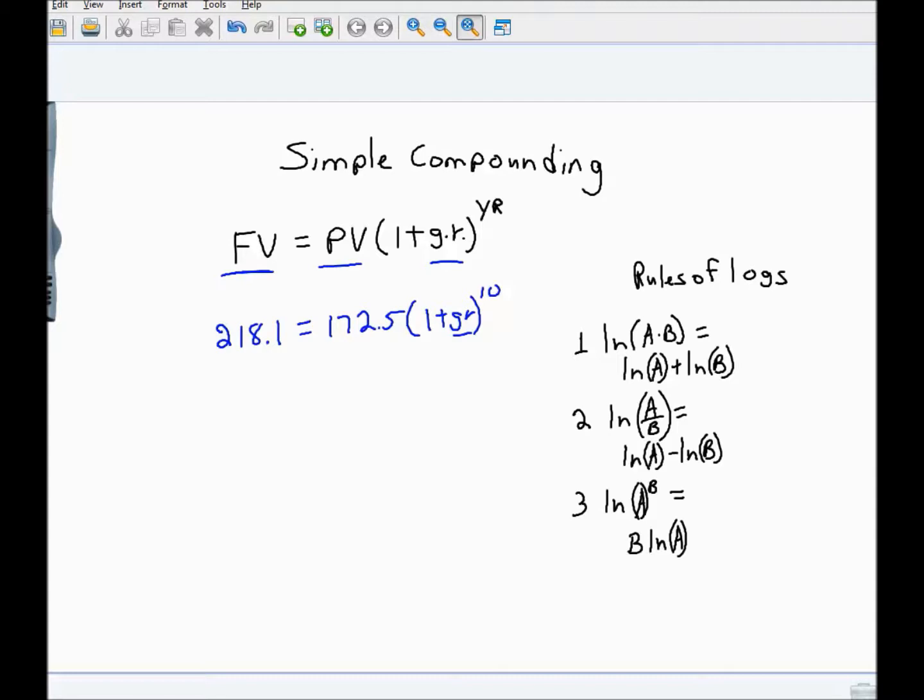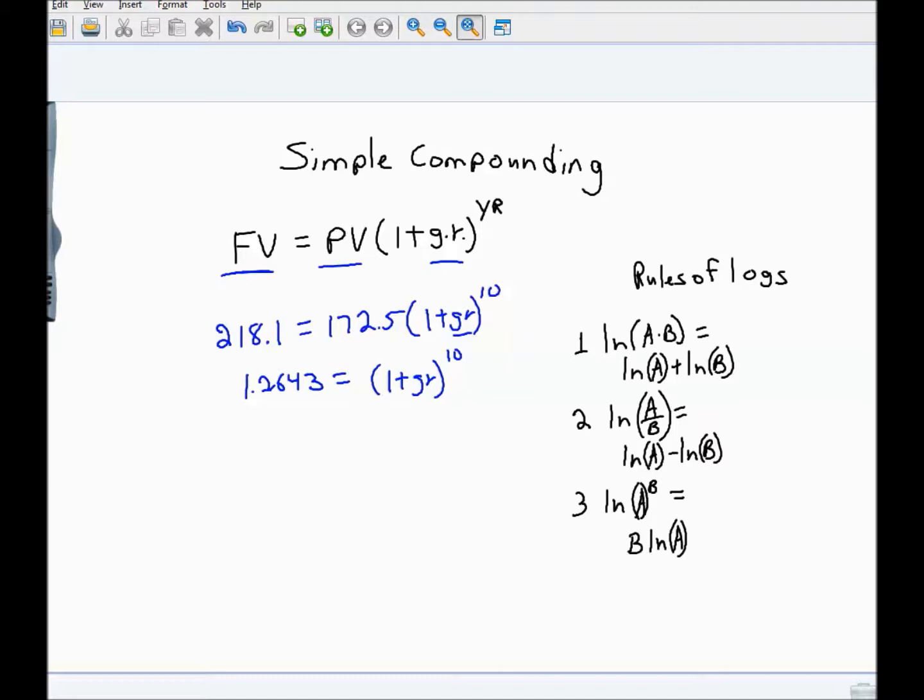Okay, so the first thing I would do to solve this simple problem is divide both sides by 172.5, and that gives me 1.2643 equals 1 plus the growth rate raised to the number of years out. Now the next thing I need to do is to take the 10th root of both sides.